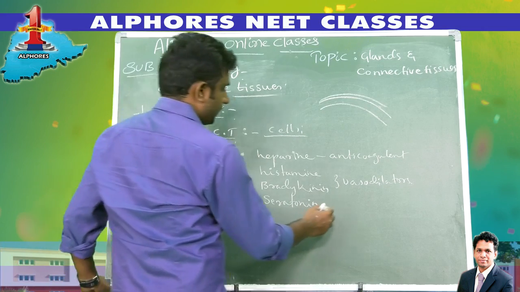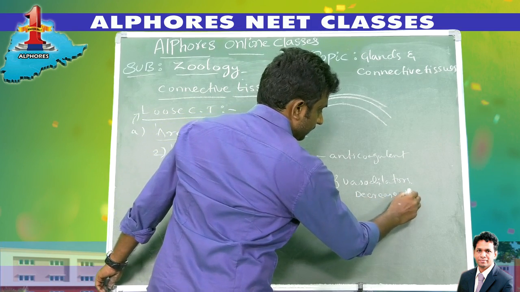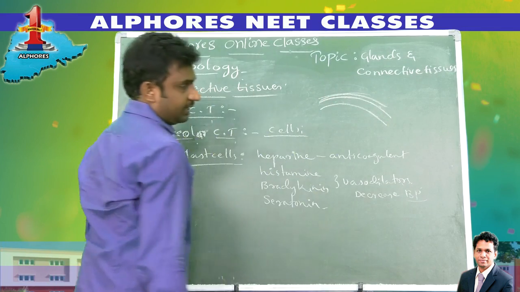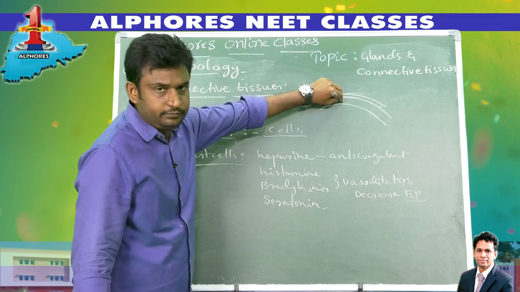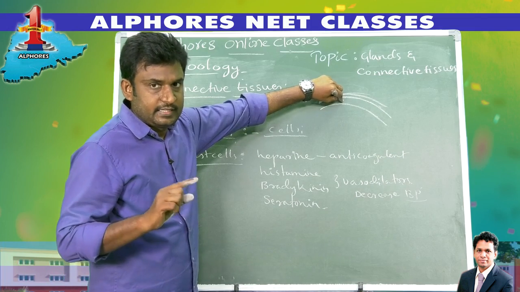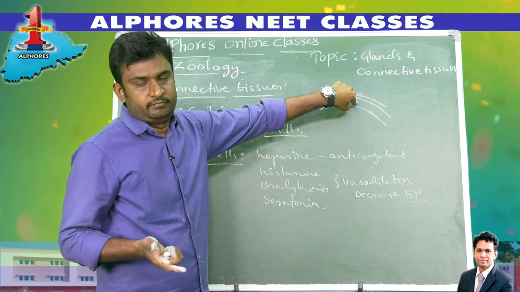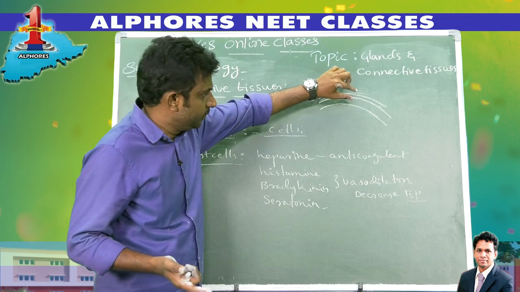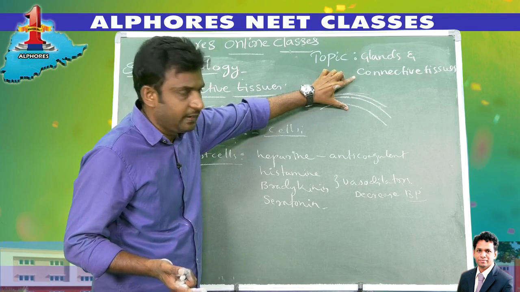So these vasodilators decrease the BP by relaxing the blood vessel. When the lumen of the blood vessel is narrow, the blood flows with more pressure. That's why there is more blood pressure. Vasodilation means relaxation of the blood vessel.